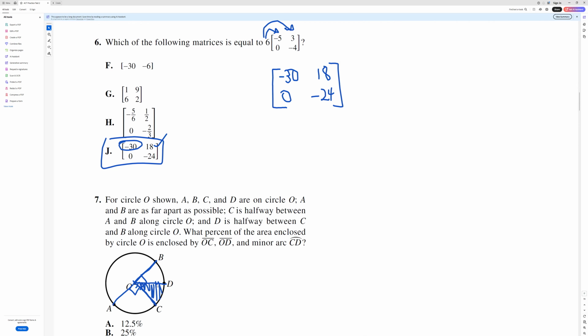Wait a minute. Circle O is enclosed by OC and OD, and minor arc CD. A, B, C, and D. A and B are as far apart as possible. Let me erase.